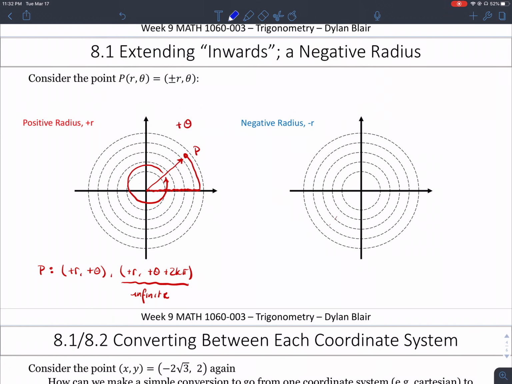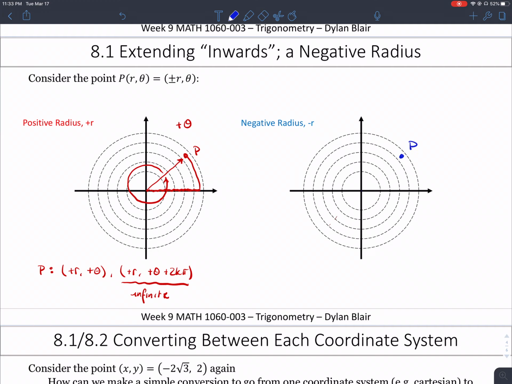So we actually need a different angle that corresponds to these negative radii, because we can always rotate and then extend, but when we rotate, we'd just be rotating on this dot. So just think about a very small rotation. But we know that we want to express this equivalent point P over here.